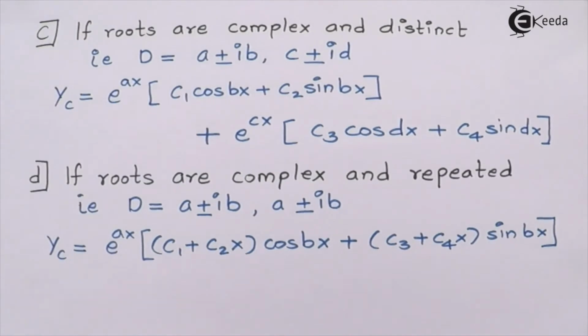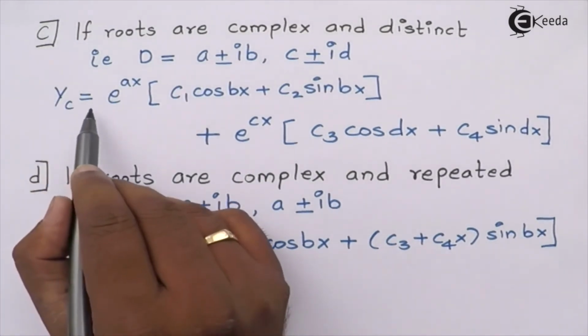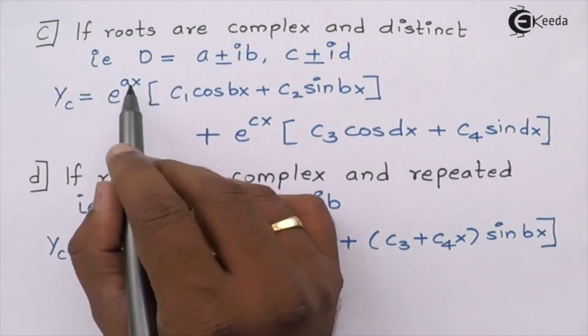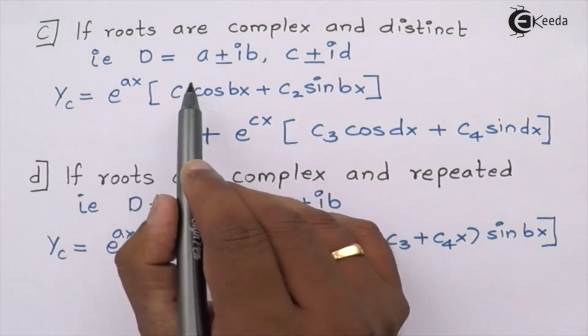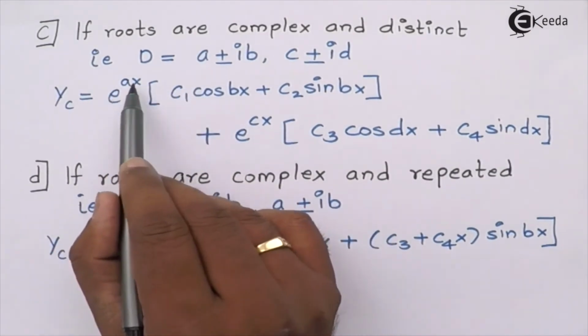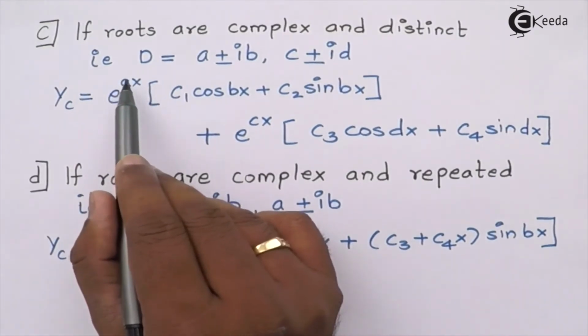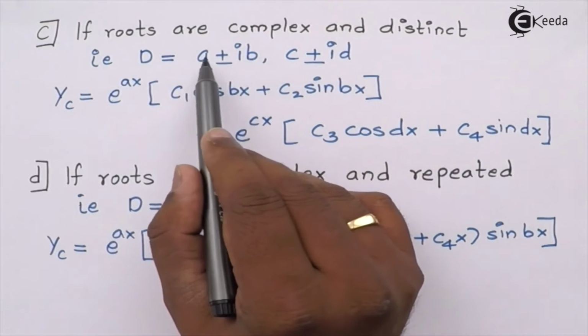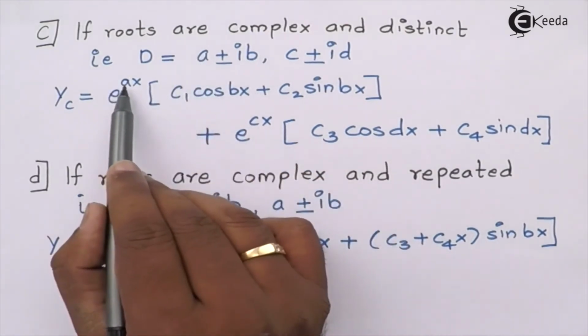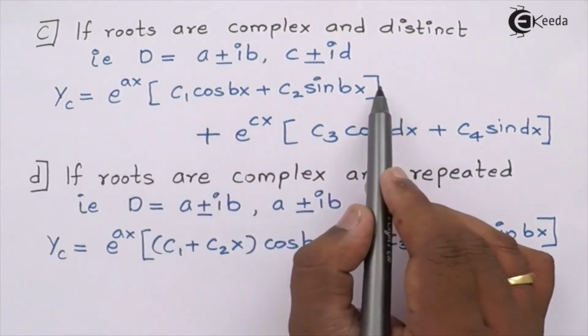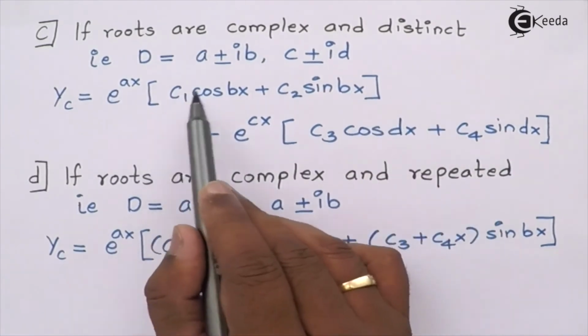So let's see. yc is given as e to the power ax into, now guys, e to the power ax means this power of e is always the real part. The real part in a plus ib is a, so that will go here. Now in the bracket we have written two constants c1 and c2.